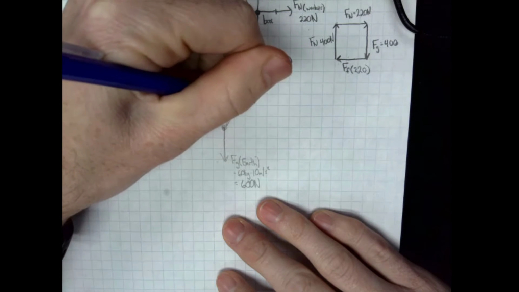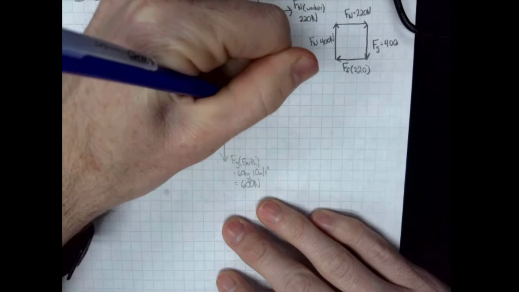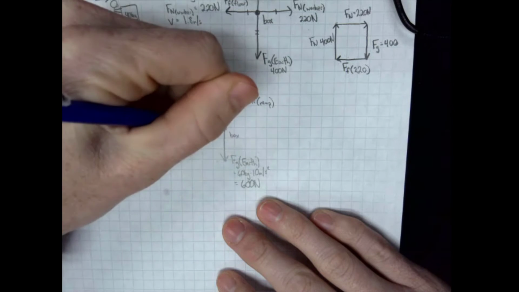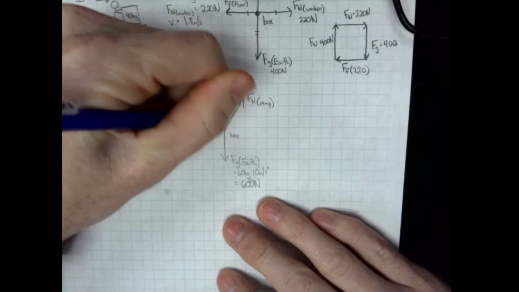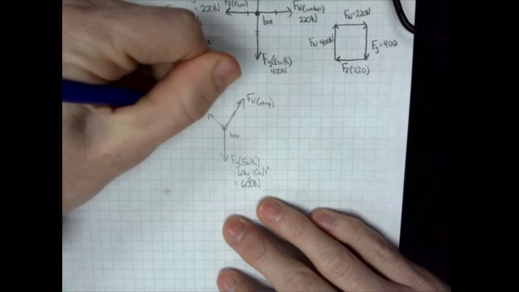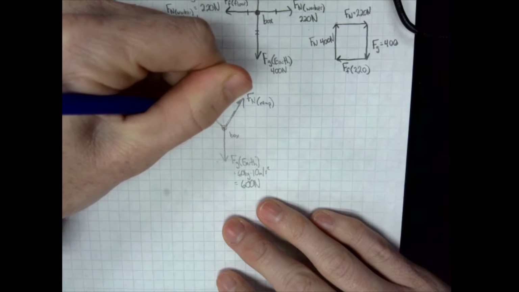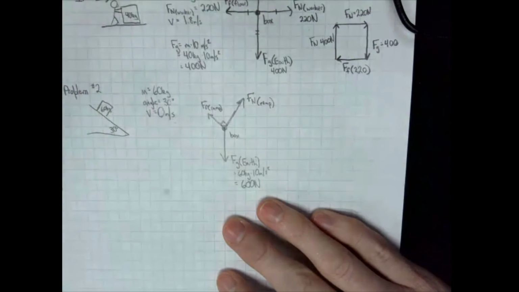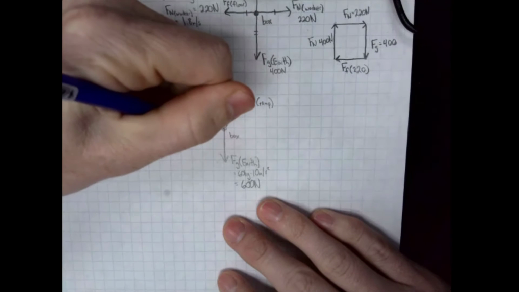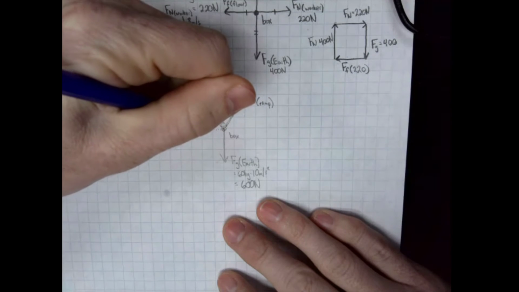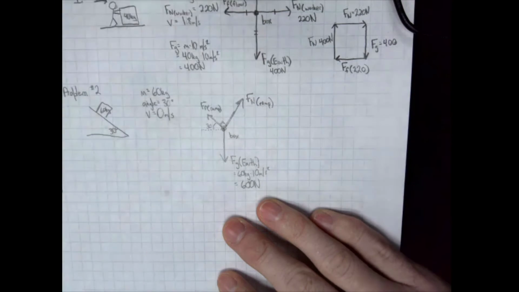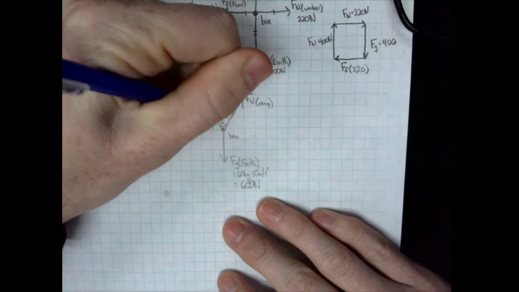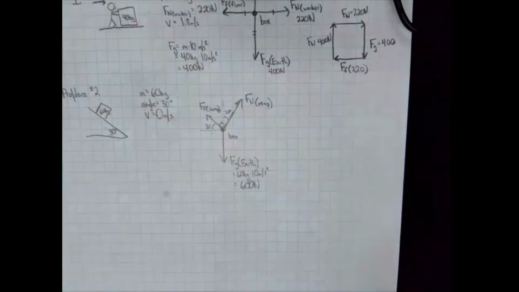We don't know how much it is, but that's the normal force from the ramp on the box. And we have a friction force going up and to the left from the ramp. And we know that those are 90 degrees from each other. And I like to draw a dotted line to show what angles I do know. So I know that that angle is 30 degrees. It's also 30 degrees from the vertical.